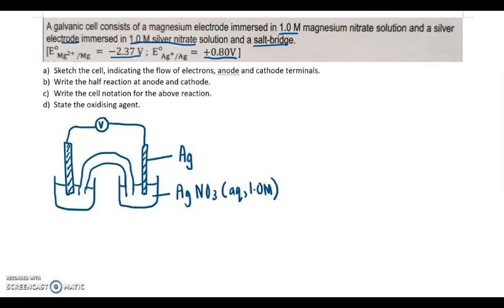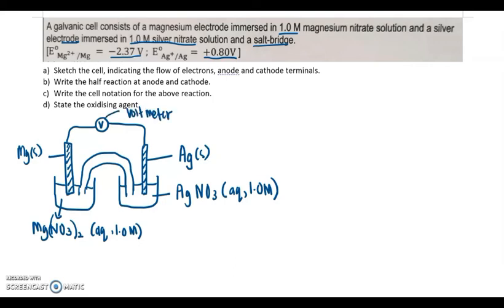Kalau yang ni adalah cathode, so sebelah sini adalah anode. So anode kita adalah magnesium immersed in magnesium nitrate aqueous. Don't forget to write the concentration of the electrolyte. Then this is voltmeter.